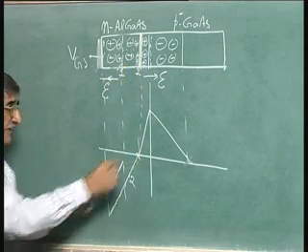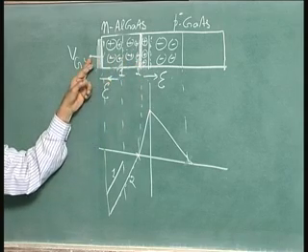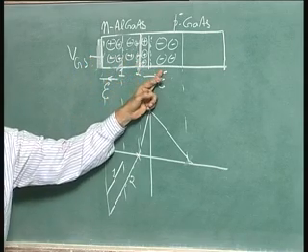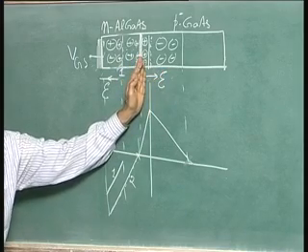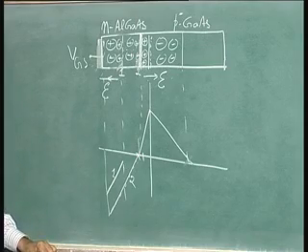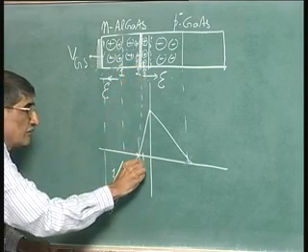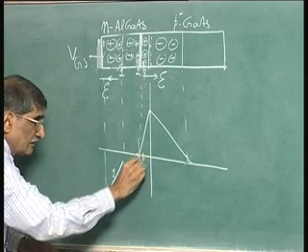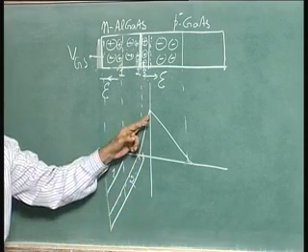This is the point at which the electric field is 0, because from here it is in this direction, and from here it is towards the right side. So, if the depletion layer moves further down, this point moves to point 3. Okay. It will move to point 3. And what happens to this?